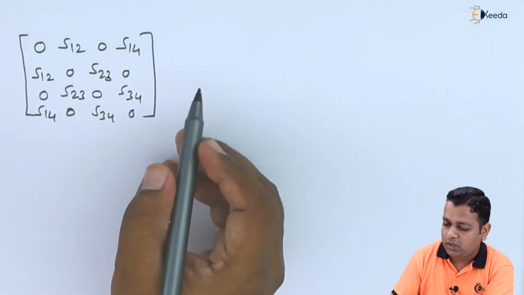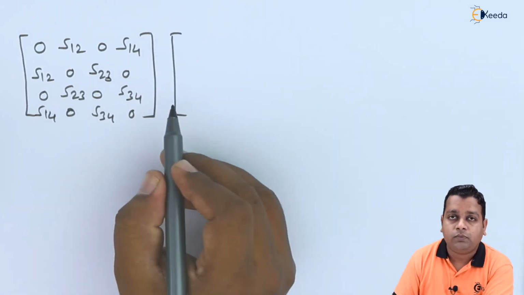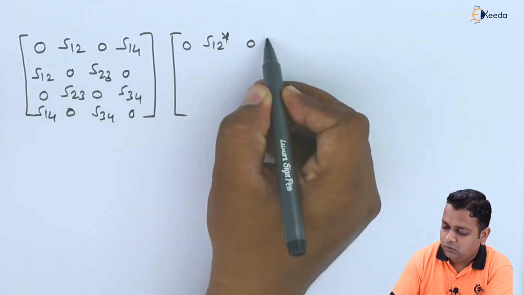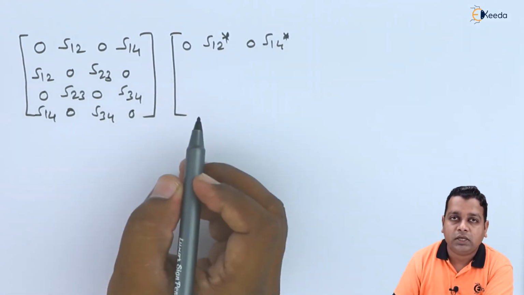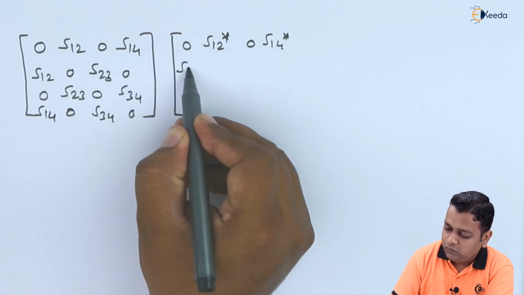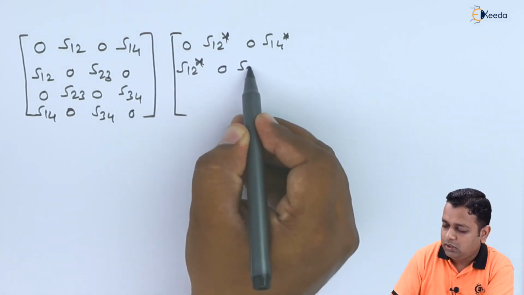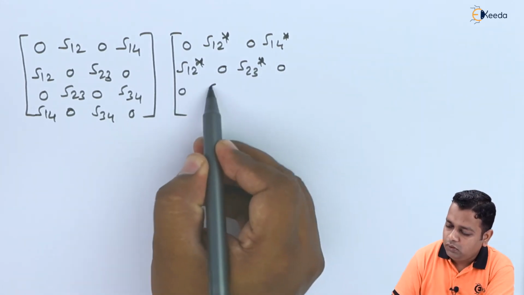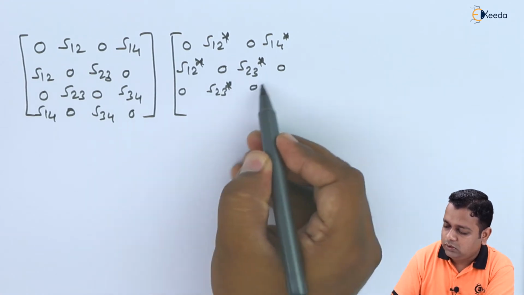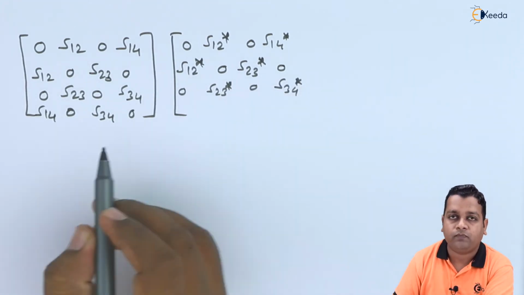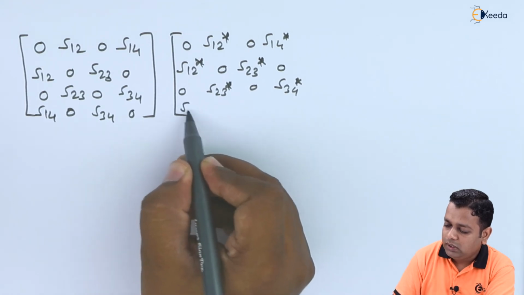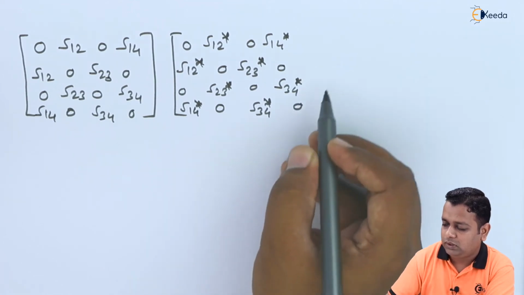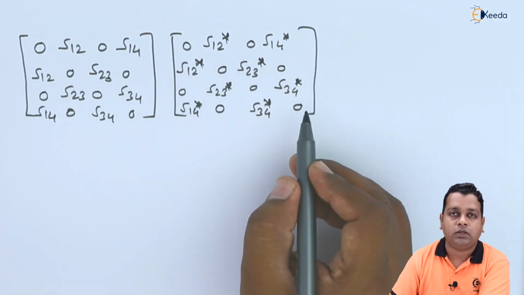Multiplication to its conjugate representation: the first row will be 0, S12 conjugate, 0, S14 conjugate. Second row S12 conjugate, 0, S23 conjugate, 0. The third row 0, S23 conjugate, 0, S34 conjugate here. Whereas the last row is S14 conjugate, 0, S34 conjugate, 0. So I complete the square bracket for the matrix.